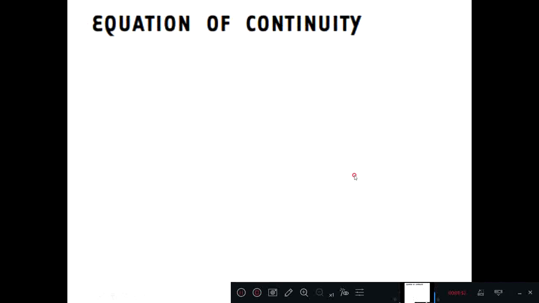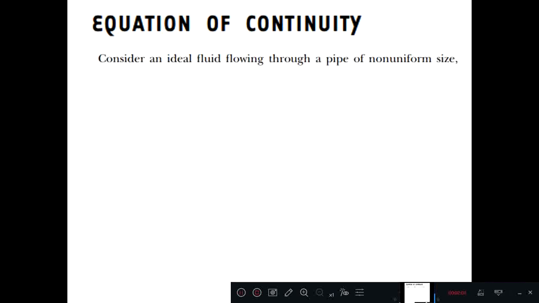Now, the equation of continuity. Let us consider an ideal fluid flowing through a pipe of non-uniform size, as shown in this figure. Look at this pipe of non-uniform size.